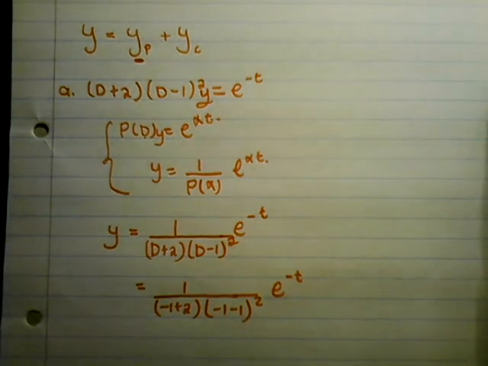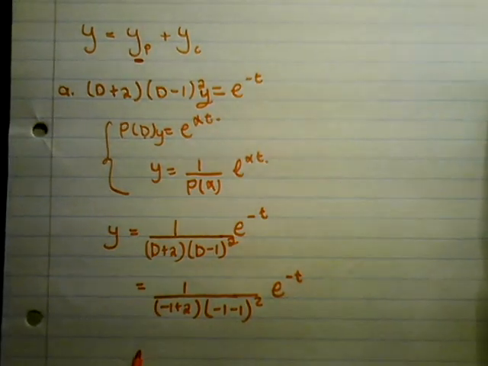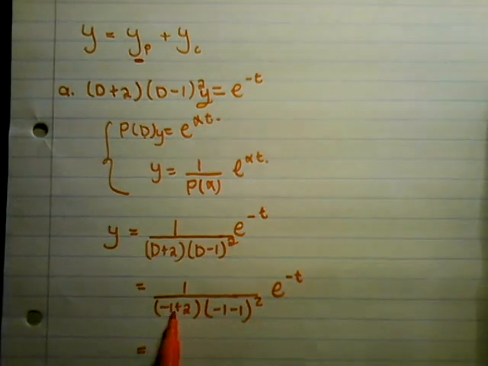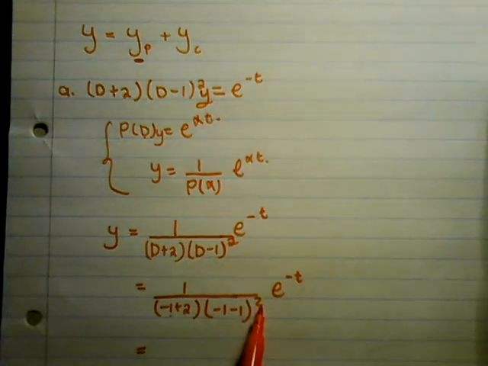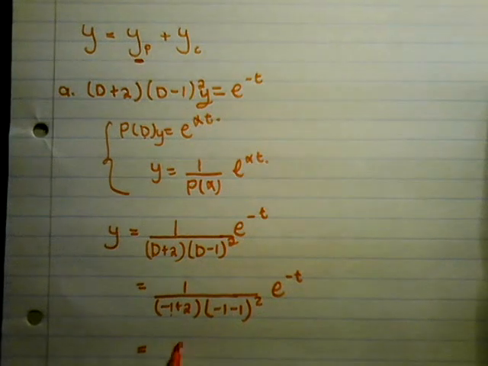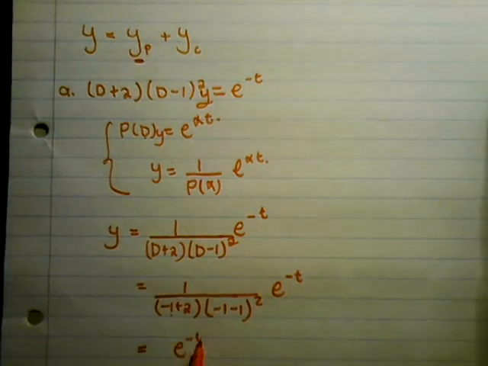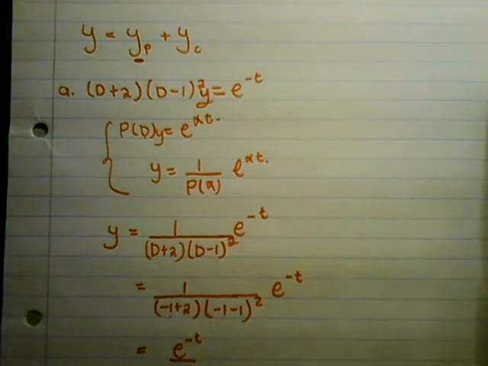Now we solve that. When we add the first part, we get plus 1, and when we add the second part and square it, we get positive 4. So our solution is e to the power minus t over 4.